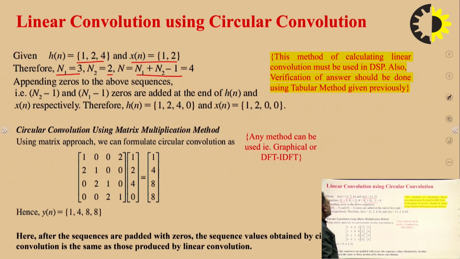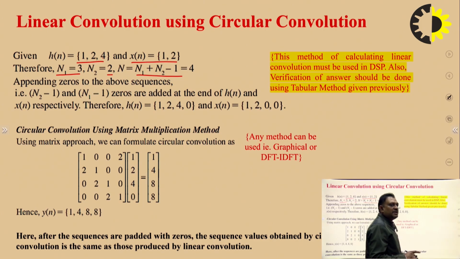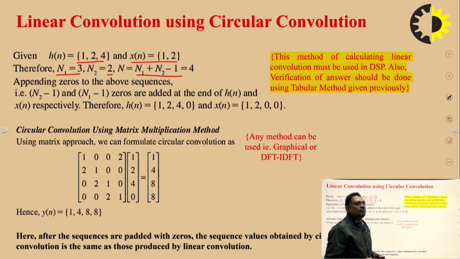If we make the length of both sequences equal to 4 and take the circular convolution of these new sequences, that is the value of the linear convolution for the old sequences.